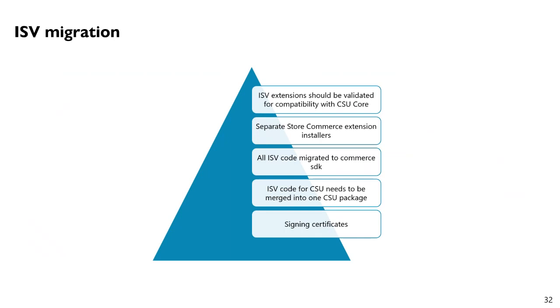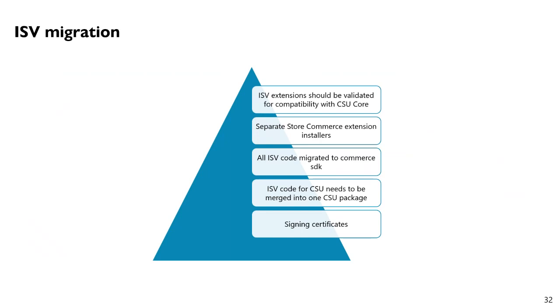There are separate installers for base application and extensions now. So the Commerce SDK uses the new sealed installer framework to generate the installers. ISV solutions and extensions can be independently developed by consuming the packages that are available in the public feed.